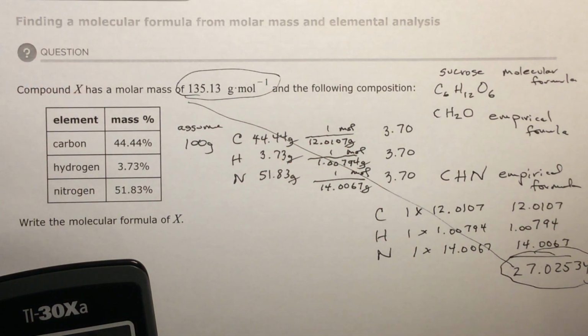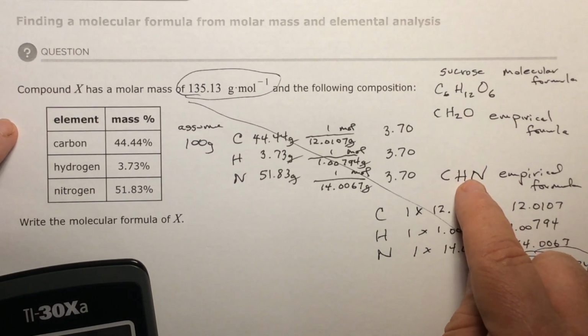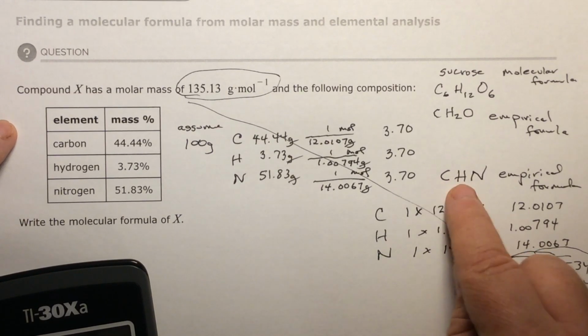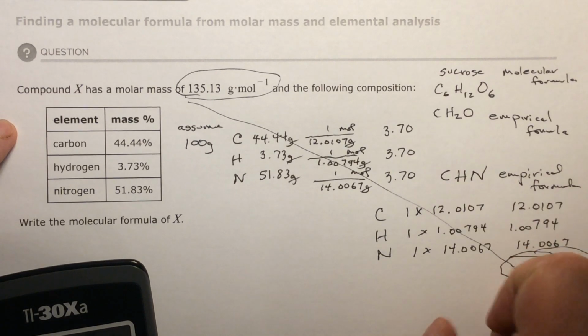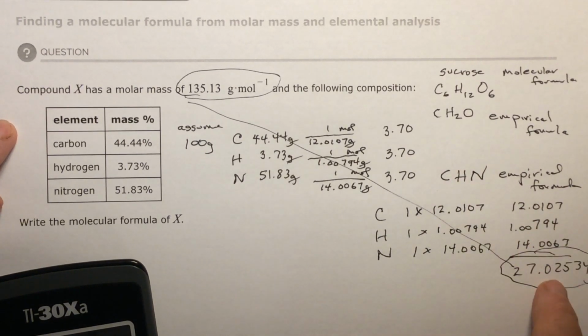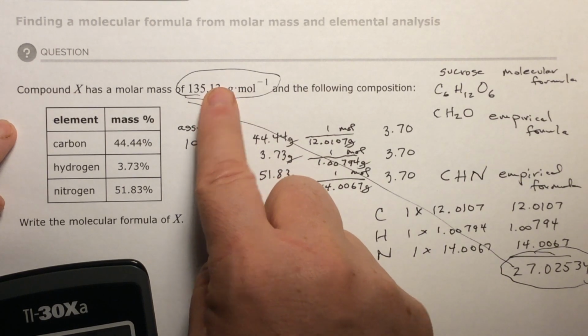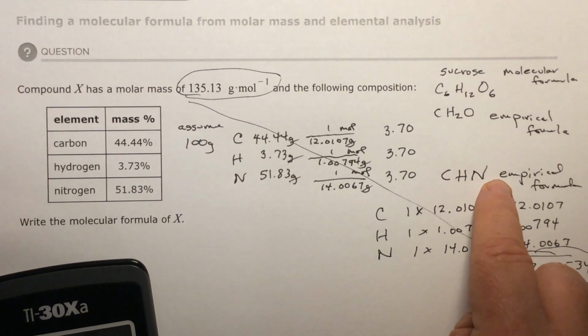If it's the same number, if they're identical to each other, that means that this formula is also your molecular formula. Your empirical formula could be your molecule. We don't know, but at least it's this, or it's doubled, which would be C2H2N2, or tripled, C3H3N3, quadrupled, or whatever it is. So we're looking for how many times does this go into this number. And that number will be multiplied by each one of these, and that's the molecular formula.